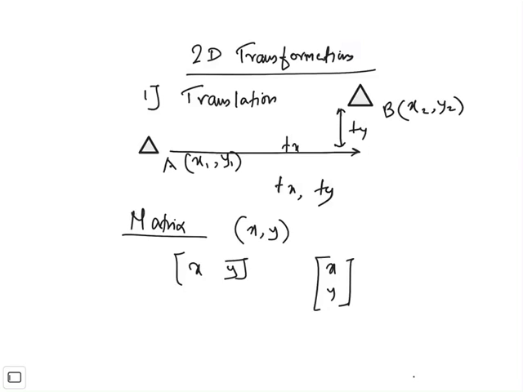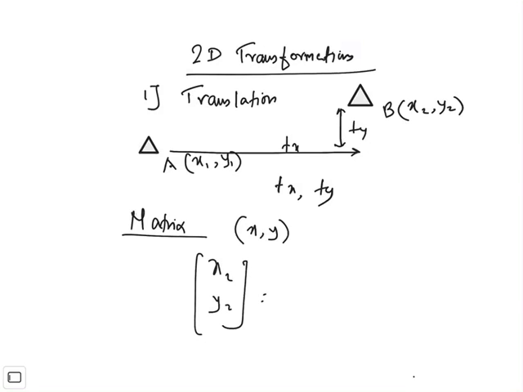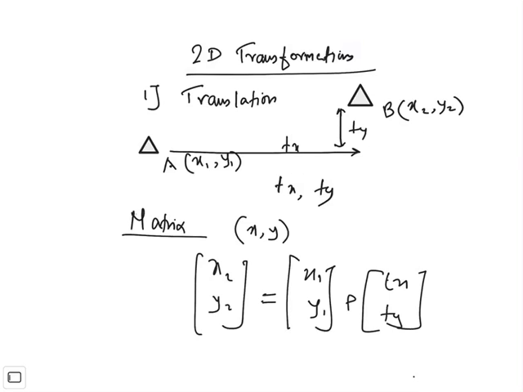So if we want to represent the translation in terms of matrix representation, then it would be like that: x2 y2 equals the initial point represented in column matrix form plus the translation amount Tx and Ty. As we know, in matrix representation, x1 is added with Tx and y1 will be added with Ty.